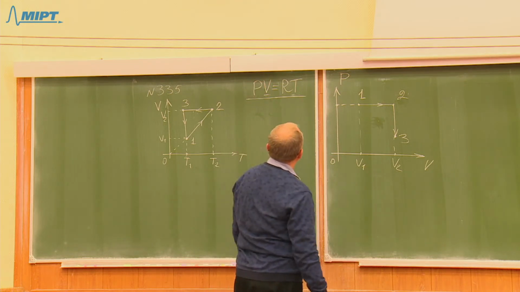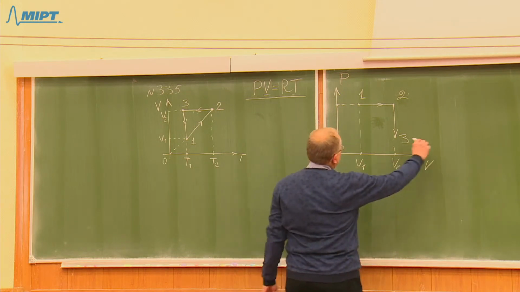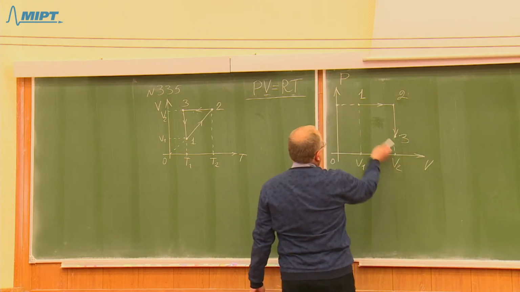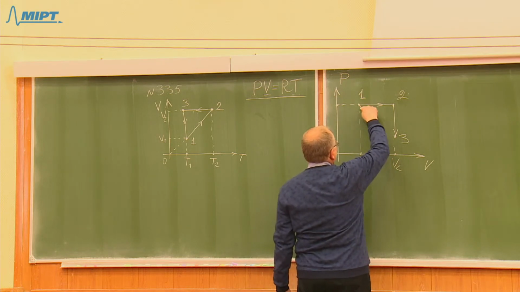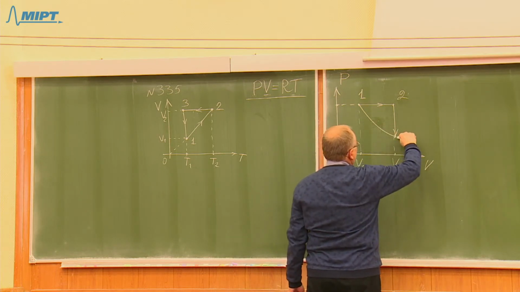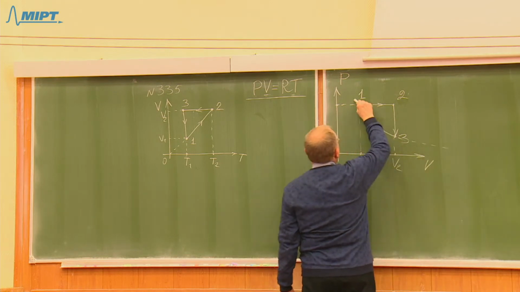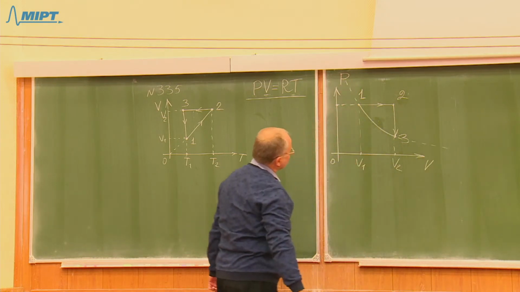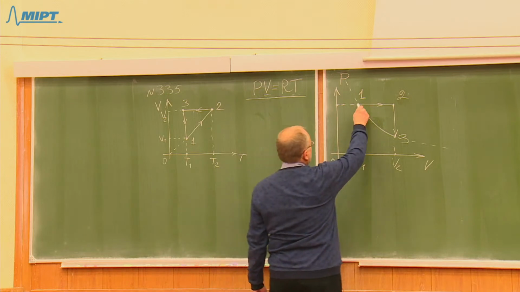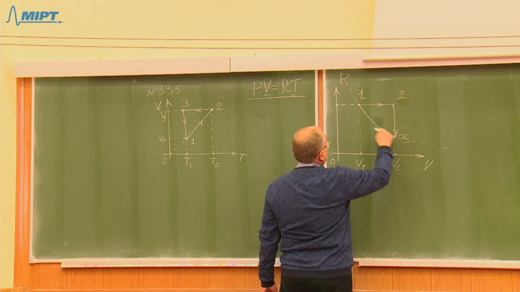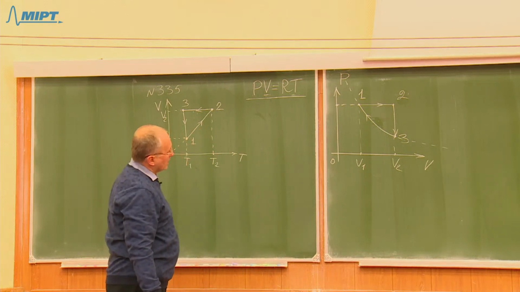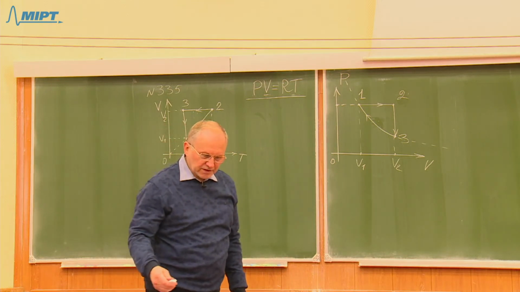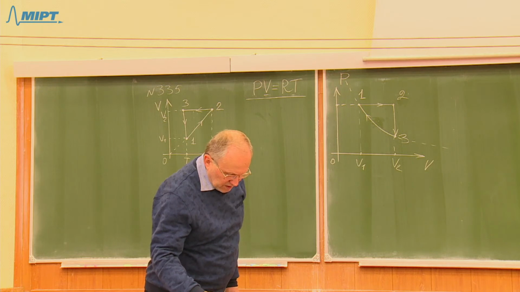And we know that when PV is constant, the curve on the PV diagram should be a hyperbola. This is a section of a hyperbola. The hyperbola may go further, but we use only the section from point 3 to point 1. That is the answer to the first question in this problem.